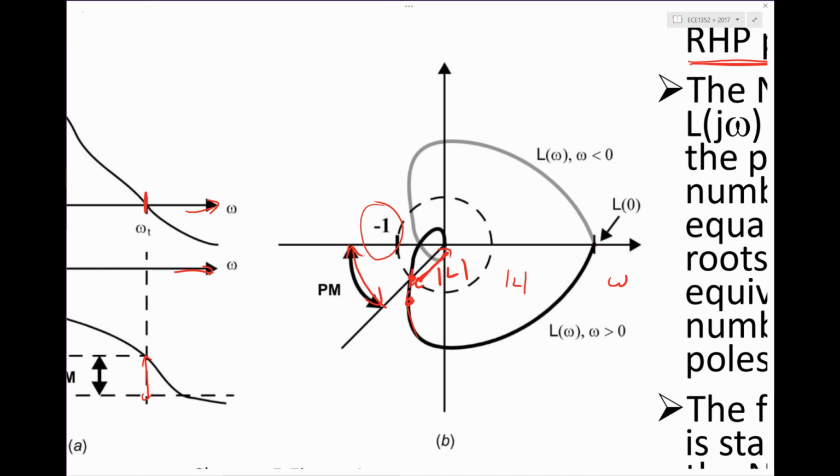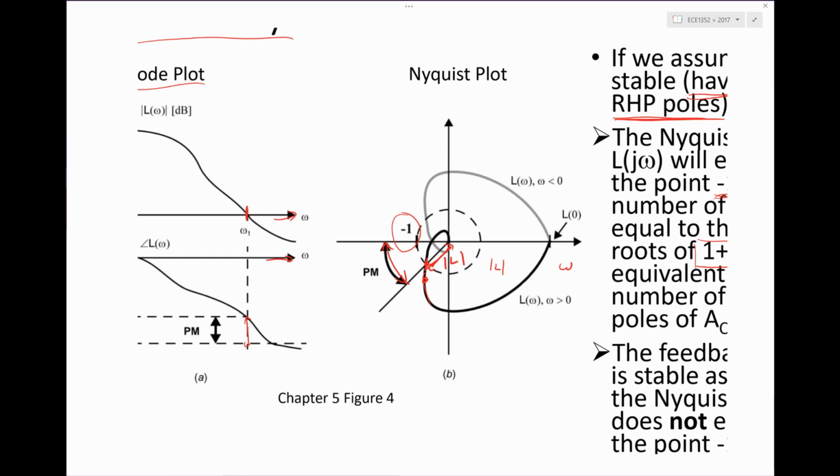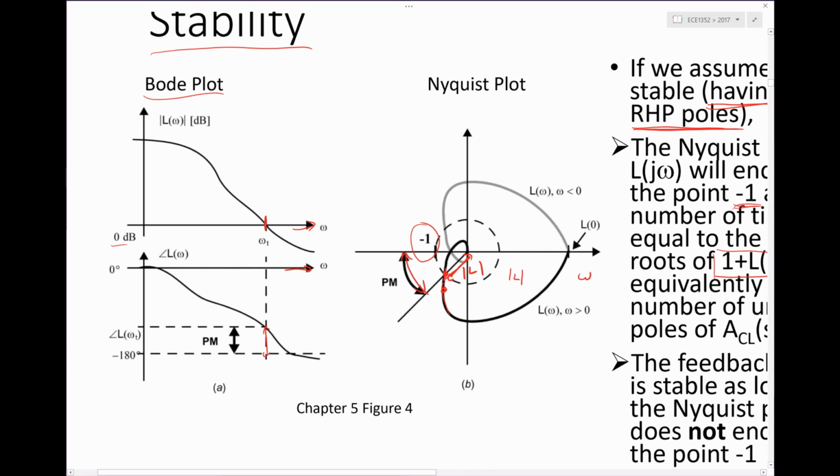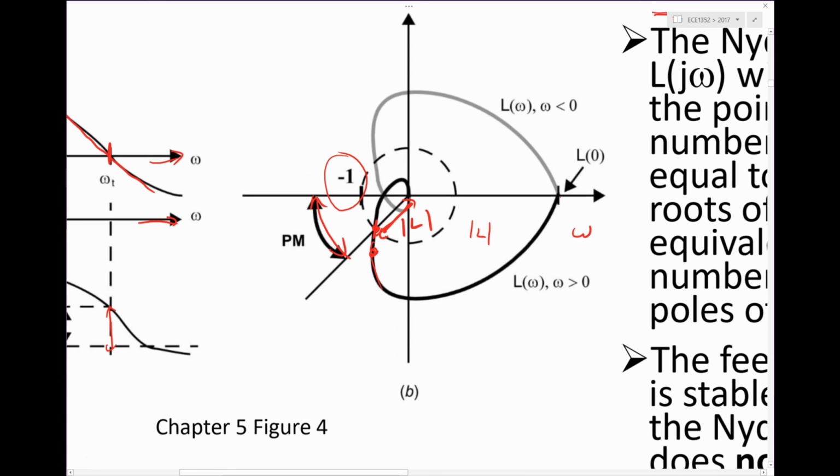Now, the simple cases that we're interested in in this course have a magnitude response for L that looks like this. It basically decreases monotonically. But you can imagine that if there are some bumps in the magnitude response, you can get a much more complex case.